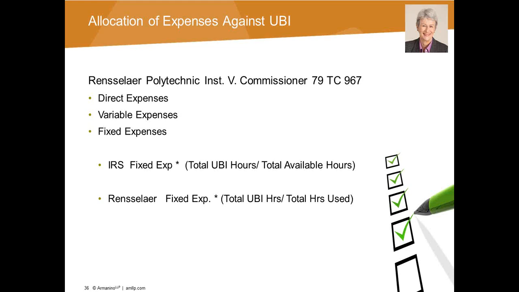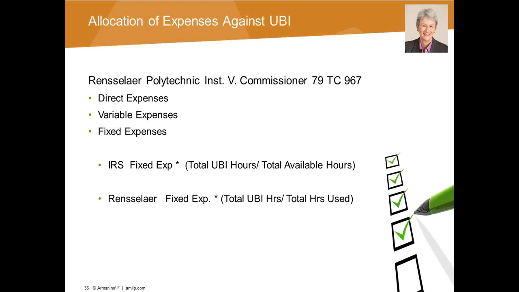The Service's position was that in order to know the level of fixed expenses to allocate against UBI, you would take the total fixed expenses of the organization, and then multiply that by a fraction. And the numerator of that fraction needed to be total unrelated business hours over total available hours. So in that fraction, you will see that the total available hours number is going to be quite large.